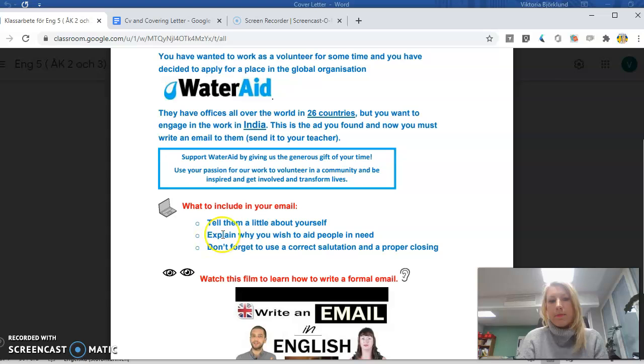So you need to write them an email, tell them a little bit about yourself, explain why you wish to aid people in need, and don't forget to use a correct salutation and a proper closing. So that's what you should include in your formal email to WaterAid.